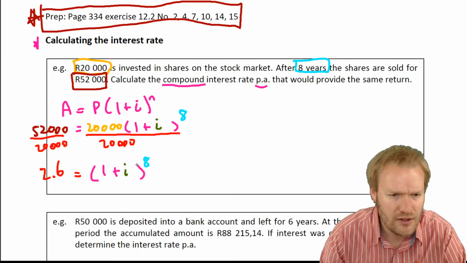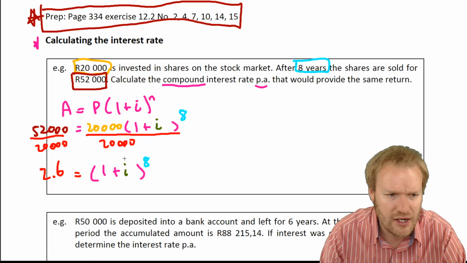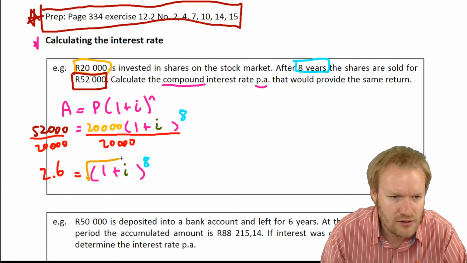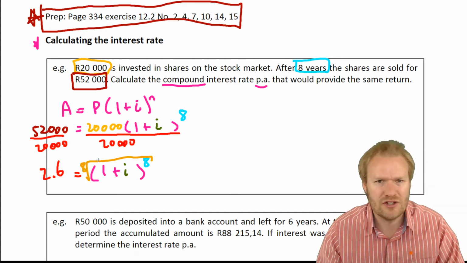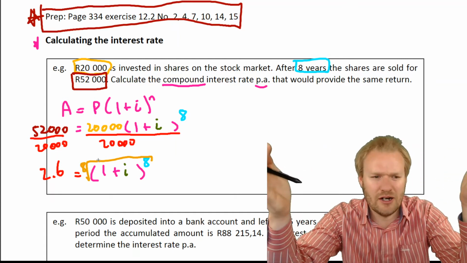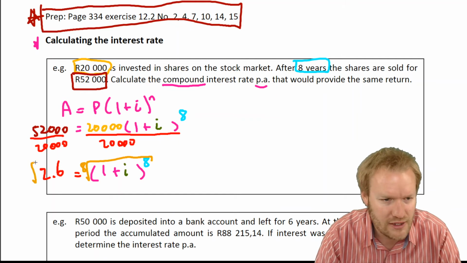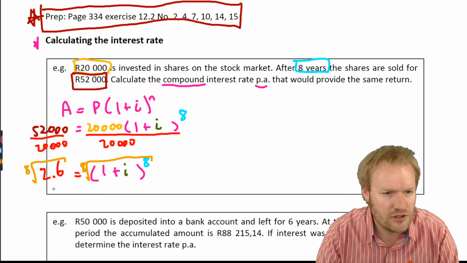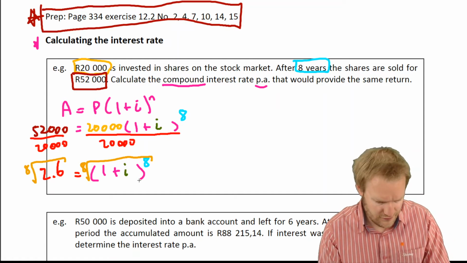Cool. Now we don't want this to the power of 8. So let's do the opposite, and let's take the 8th root. So it's kind of like the opposite, like you to the power of 8, 8th root. What we do on one side, we're going to do on the other. Cool. So let's go. So the 8th root of 2.6.